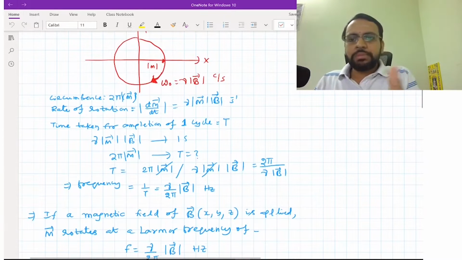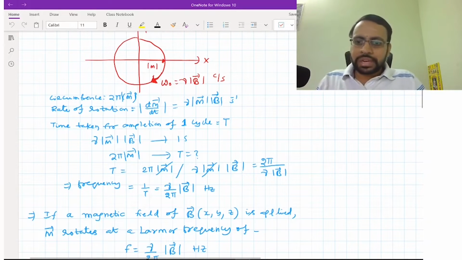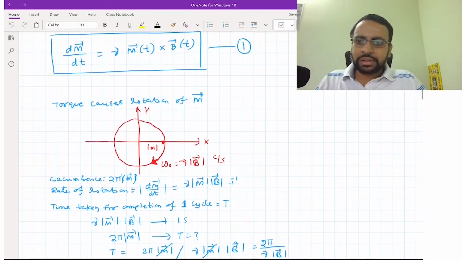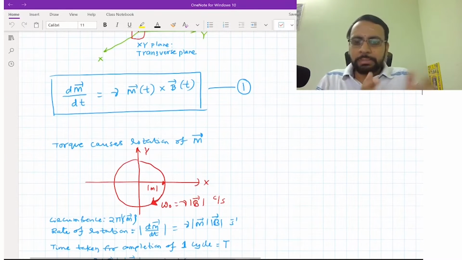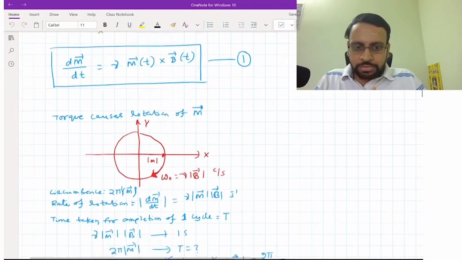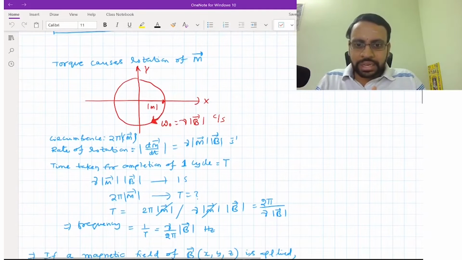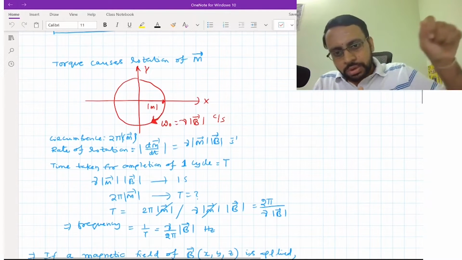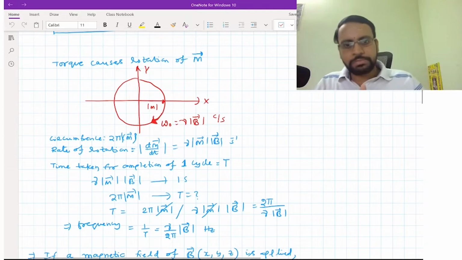It's a simple proportionality if you look at it. For example, in 1 second, dM bar by dt, taking the magnitude of it, is equivalent to gamma times the magnitude of M bar and the magnitude of B bar vector. So that's what it covers in 1 second. For rotating 2 pi M bar, how much time does it take?